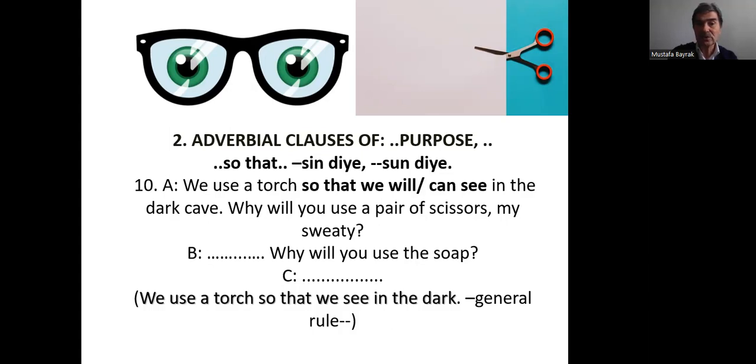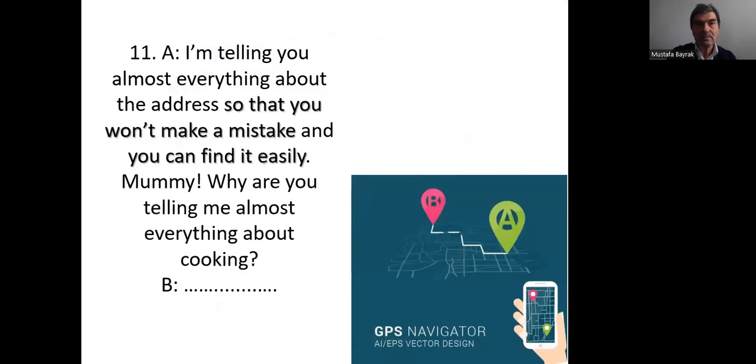Yes. We use a torch so that we see in the dark, a general rule. But if we say, for example, so that I will see in the dark, now it is for a specific situation. Okay. 11: I am telling you almost everything about the address so that you won't make a mistake and you can find it easily.